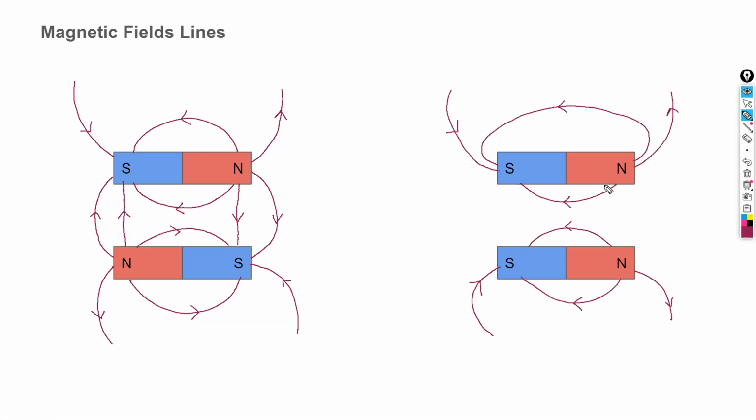Now, some people might say, hey, you have a north here and a south here. So I should draw a line going from this north to this south. I would say that's common sense, but upon researching, I realized nobody draws in that combination. And I can't figure out why, to be honest, right?